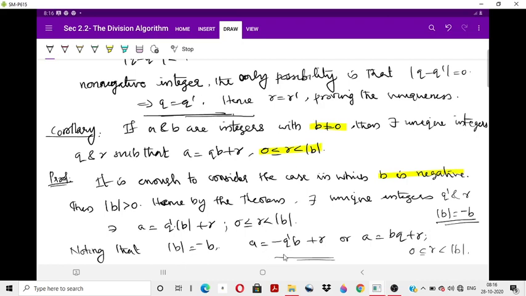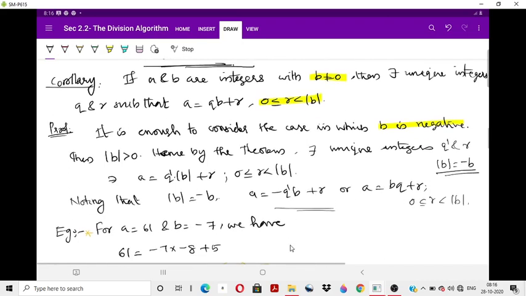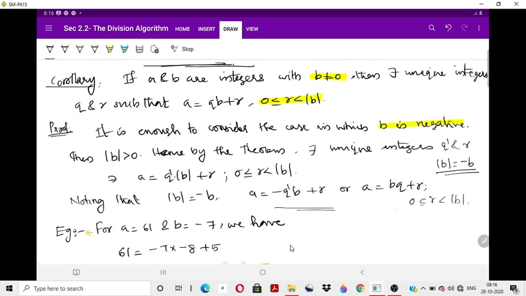Now substitute minus q dash as q. So a is equal to bq plus r with 0 less than or equal to r less than mod b. So this proves the division algorithm when b is negative. So we have proved that it is true for any non-zero integer.